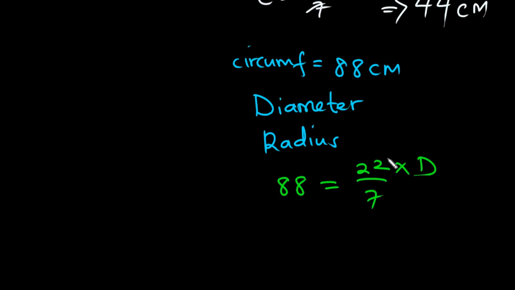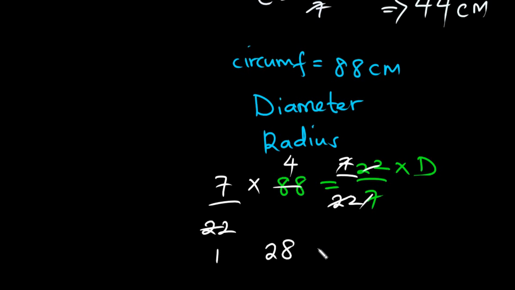We can multiply both sides by 7 all over 22. So that cancels out. Then we have 88 times 7 all over 22. 88 divided by 22 is 4. Then 7 times 4 is 28, is equal to d. So the diameter is 28 centimeters.